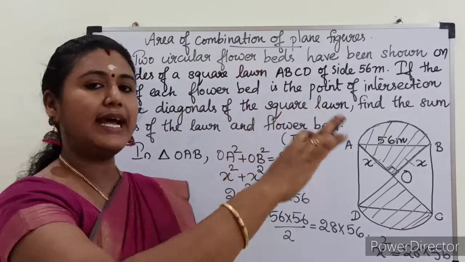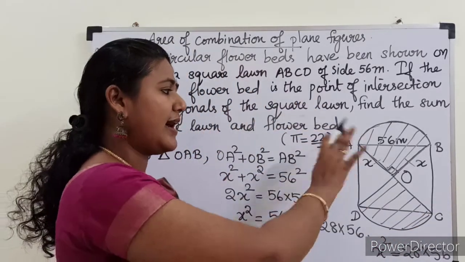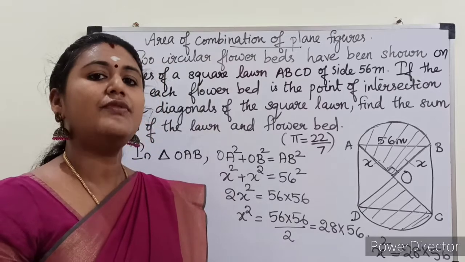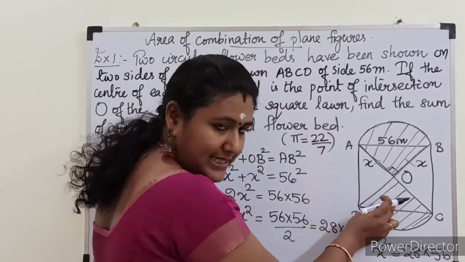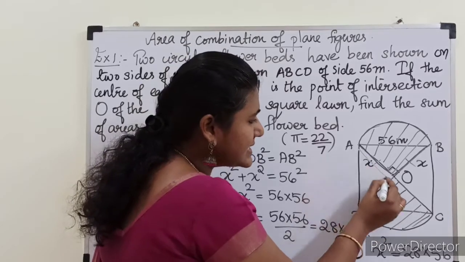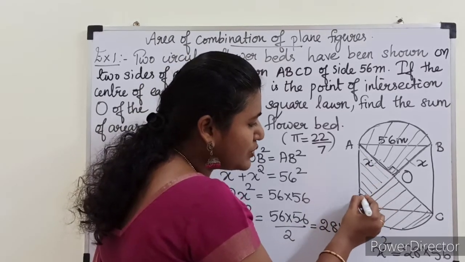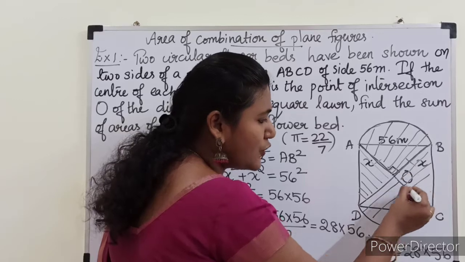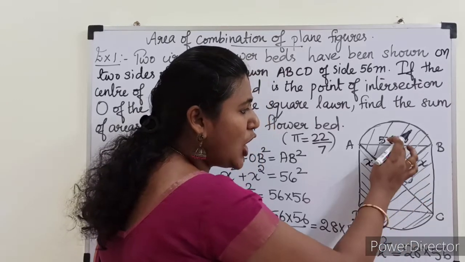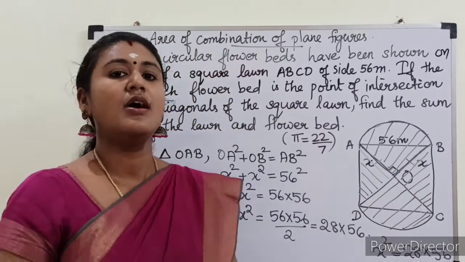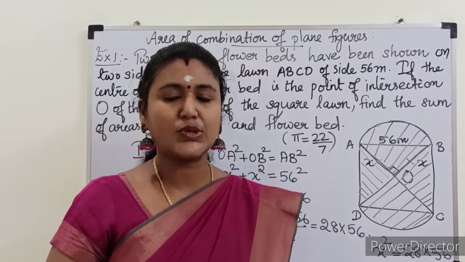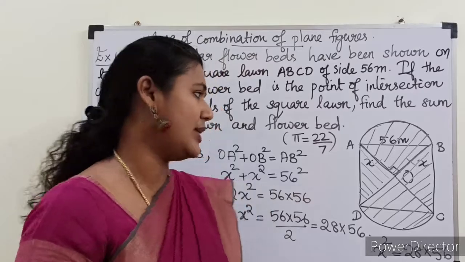For finding the entire area of the lawn and the flower bed, we need to find the area of these two sectors and these two triangles. If we add the areas of these two sectors and two triangles, we will get the required area. We are going to do it that way today.